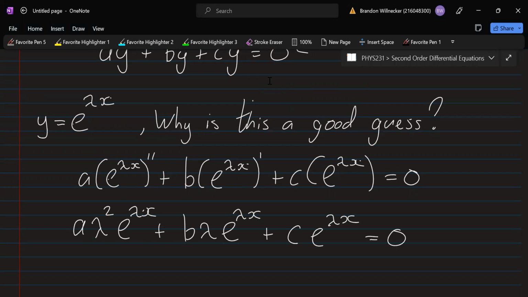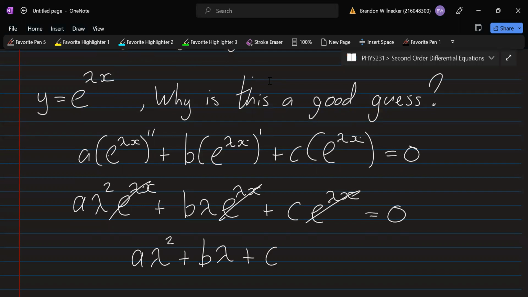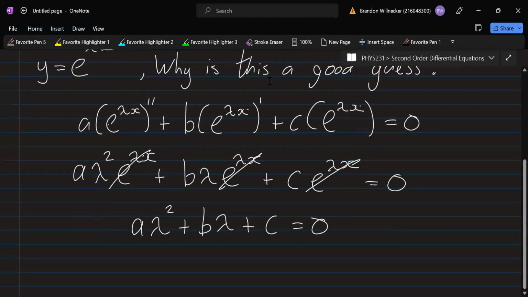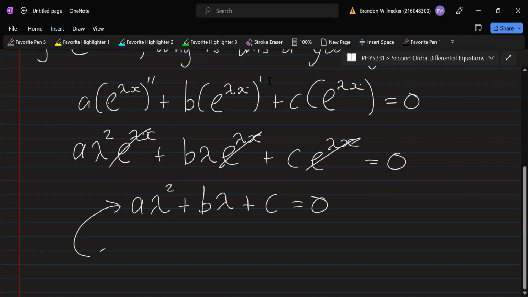Now, this e to the lambda x that's been repeated, we can divide through by that, thus canceling it. So we're left with a lambda squared plus b lambda plus c is equal to 0. This is called the characteristic polynomial.